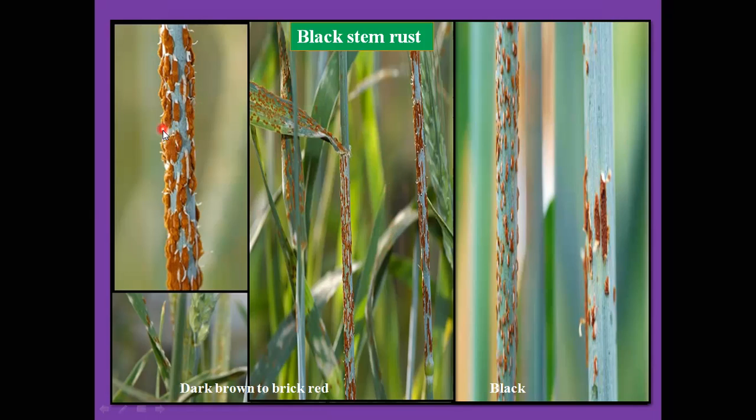After the maturity of the pathogen, the reddish brown or brick red color changes to somewhat black. This black color represents the formation of other spores, known as teliospores. The uredopustules mature and develop teliopustules on the same lesions, on the stem or on the leaf portions.